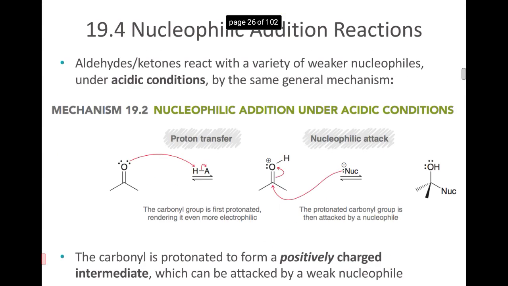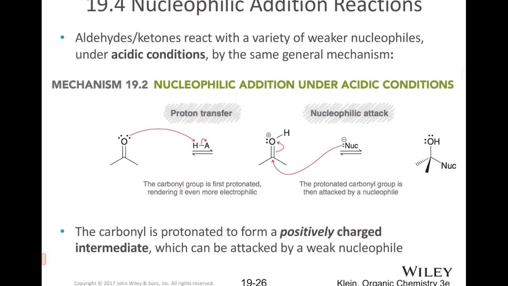So it says here, aldehydes and ketones can react with a weaker nucleophile. What's a weak nucleophile? Maybe water, maybe an alcohol. Under acidic conditions, by a similar general mechanism, the first step is going to be different. In acidic conditions, we use our acid to protonate the oxygen on the carbonyl.